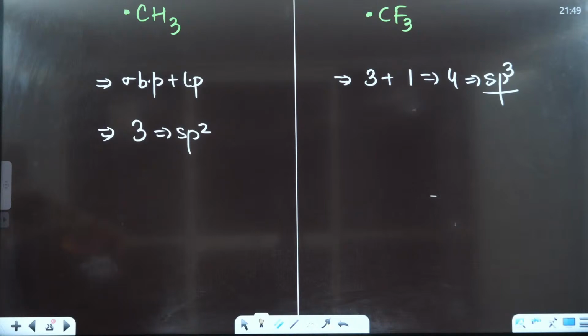Wait a minute, let me see if I can find a question for you here. They asked this in my mock test.